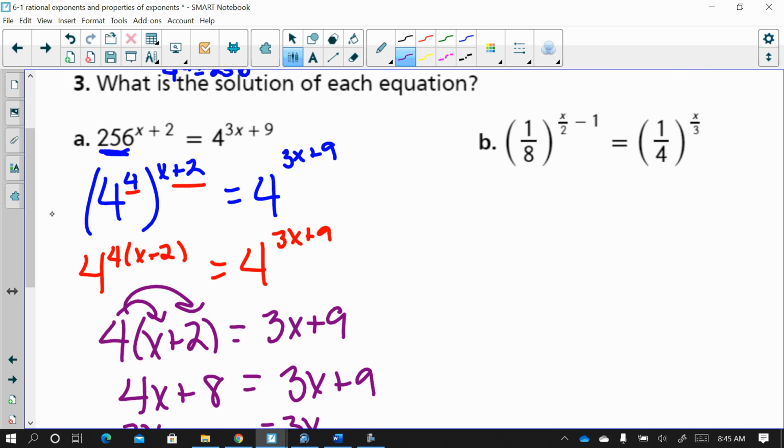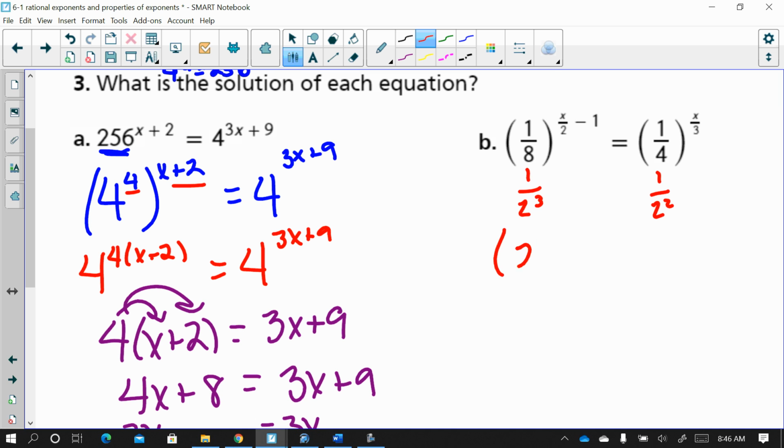Okay, pause the video and try part B, please. Okay. Well, I'm seeing 4 and I'm seeing 8. I know 4 is 2 squared, so this is 1 over 2 squared. Well, 2 cubed is the same thing as 8, so 1 over 2 cubed. But I don't like fractions, so let's bring it up to the exponent.